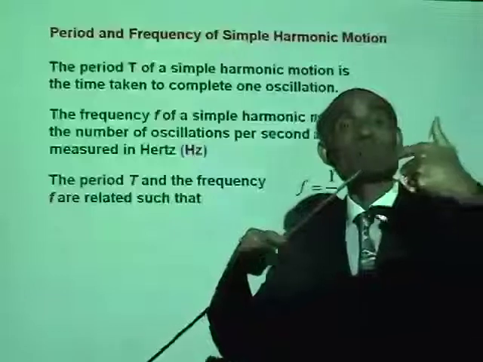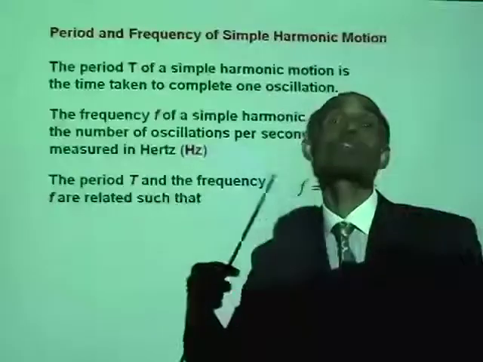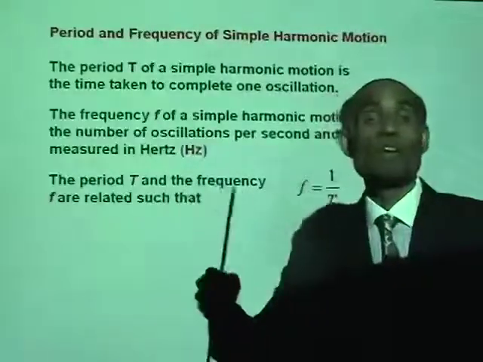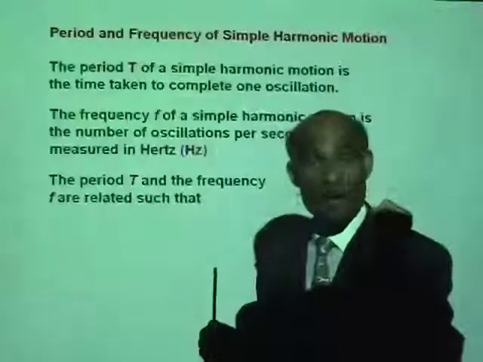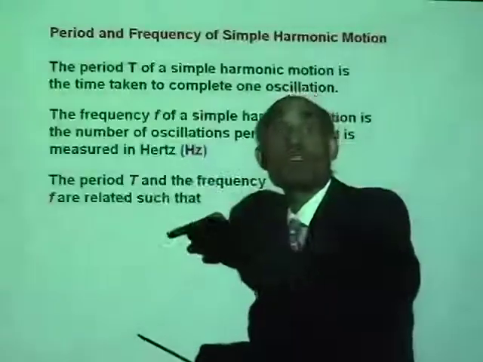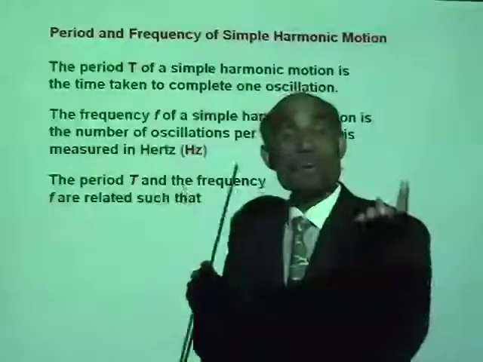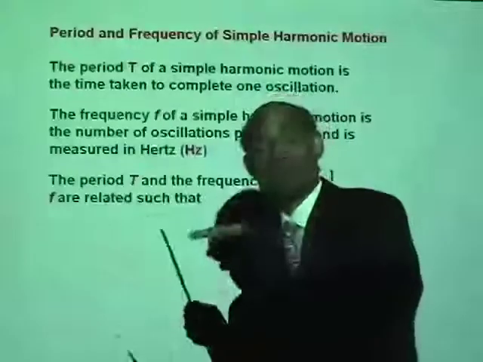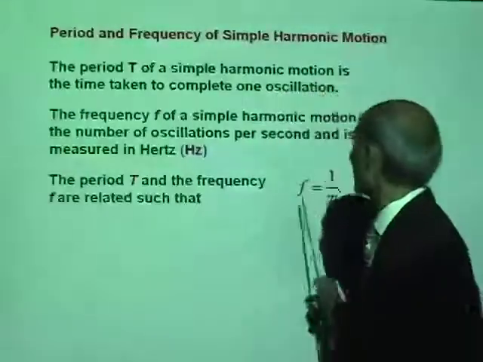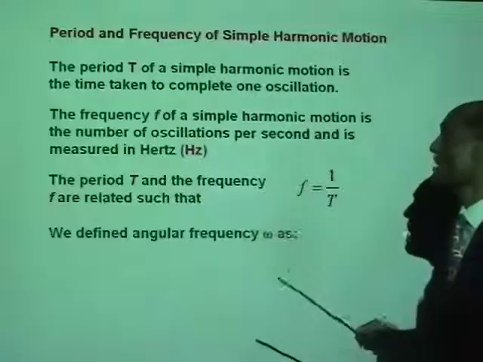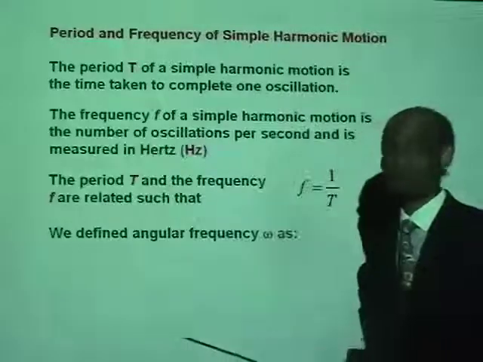You see that? If period is 2, the frequency is 1/2. If the frequency is 5, the period is 1/5. You see, one of them is the reciprocal of the other. Frequency is 1 over the period.